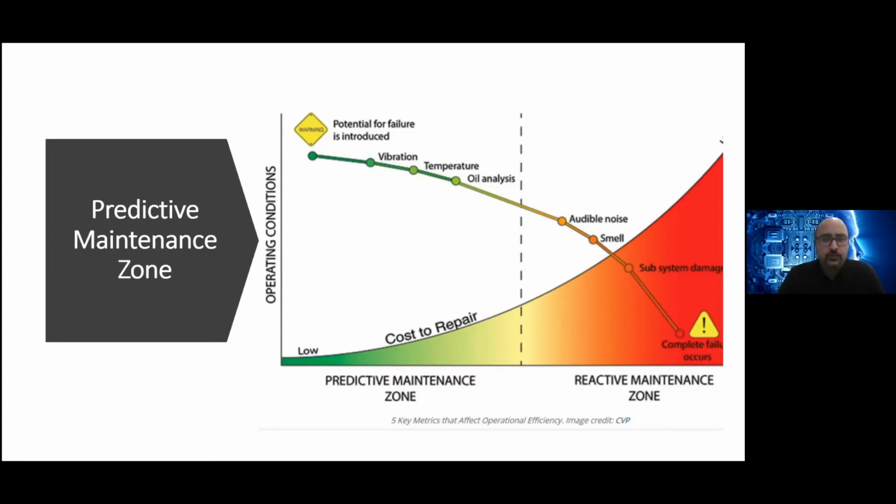We are trying to monitor assets so faults are detected in this area. The cost of downtime is cheaper, the cost of repair is cheaper, and we can also manage the asset's life, so it can work longer in the factory or at industry levels.